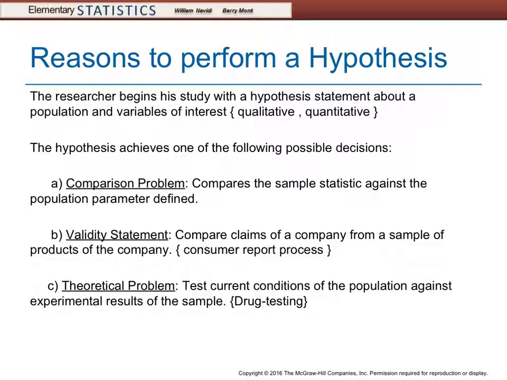In other words, when we take the sample, we then compare that sample against the population parameter mu. A validity statement compares a claim of a company against a sample of products of the company. So this is what we call the consumer report process, and it's called a validity statement. Finally, in our scientific world, we have theoretical problems which test current conditions of the population against experimental results of the sample, like drug testing.